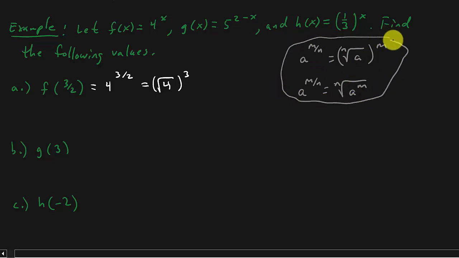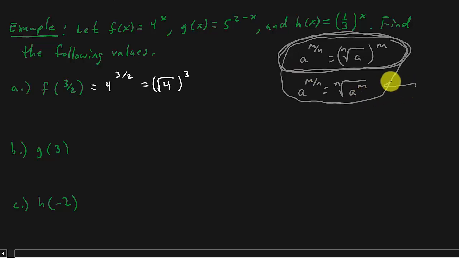As far as this goes, you can use either one, but most of the time when you're converting from exponential to radical form, it's just easier to use this one up here.